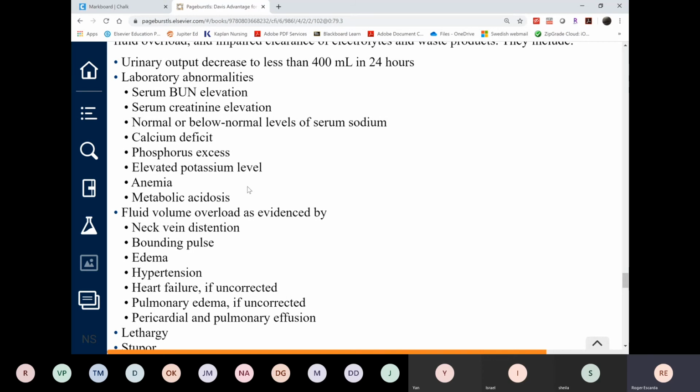So you continue the blood pressure control. One thing is constant: the blood pressure control remains during the oliguric and the diuretic phase. By how much will slightly differ because you're already losing water in the diuretic phase, so you're no longer in fluid overload, so your blood pressure might start to drop.